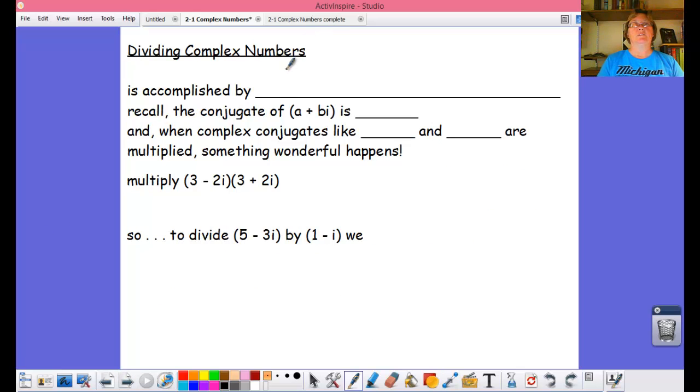Dividing complex numbers is a little bit different. You do that by multiplying by the conjugate of the divisor.